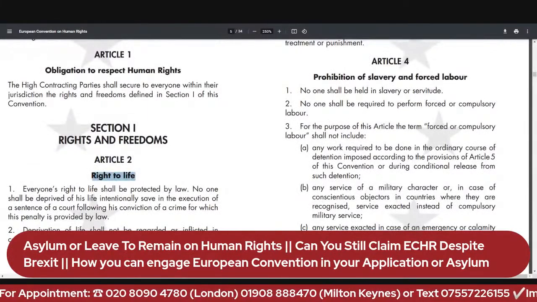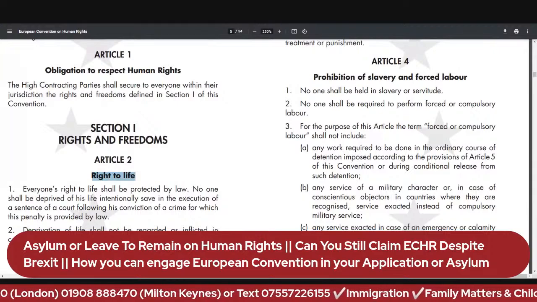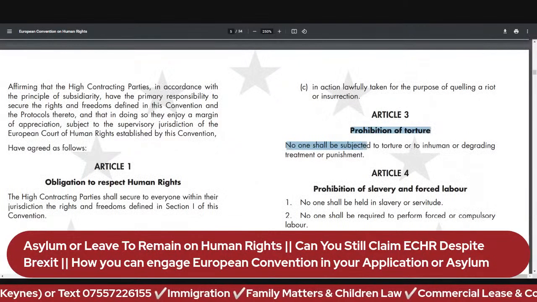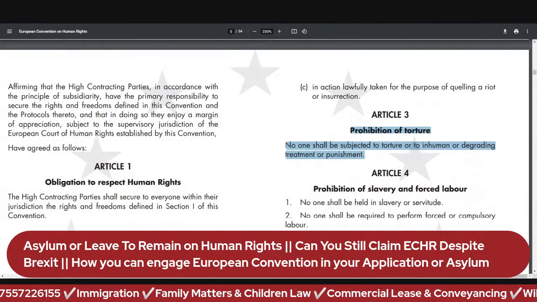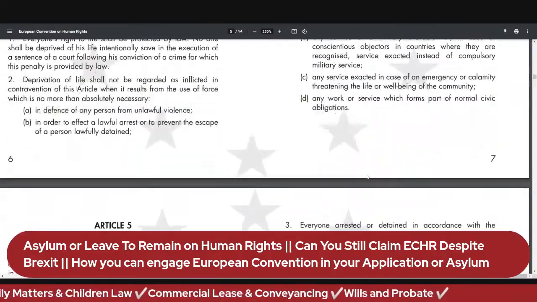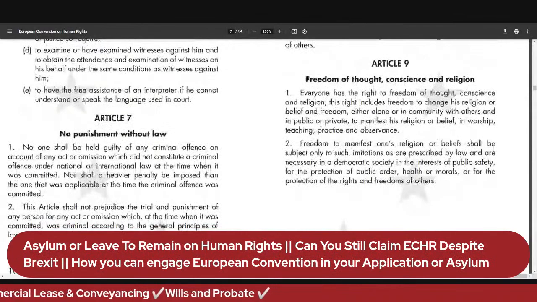They can engage Article 9 because of change of religion, because they will be killed if they are required to go back home. They will face torture, unlawful torture from different communities, society, family, because he changed his religion, and he will not be able to practice his religion in the home country.